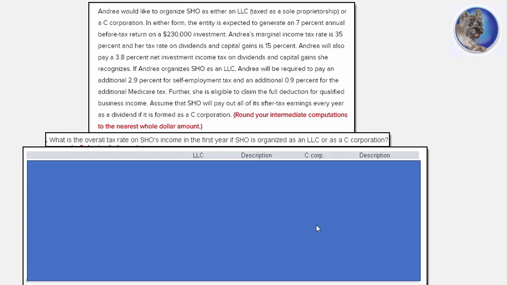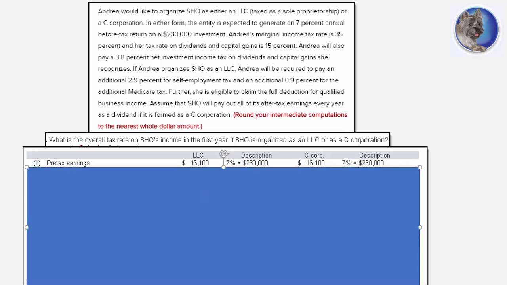All right, so let's start off and see how we would approach this one. First, we know that the investment is $230,000, and the pre-tax earnings expected would be 7%. So 7% of $230,000, we start off with pre-tax earnings of $16,100 for an LLC and a C Corp.